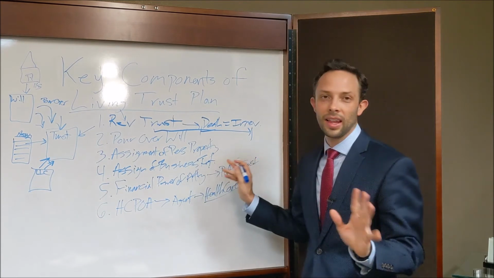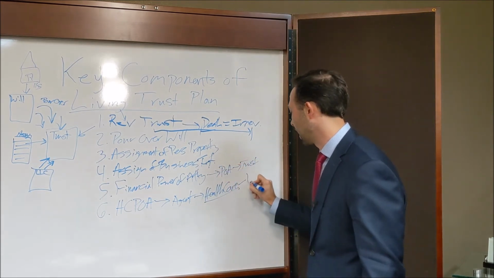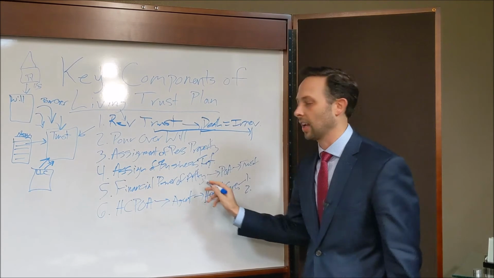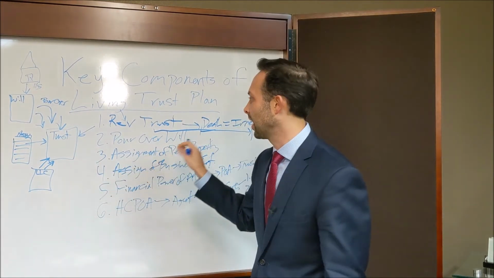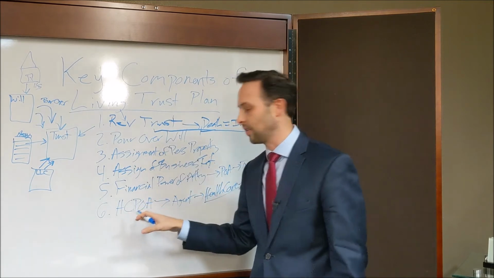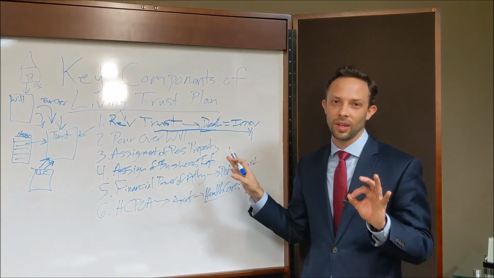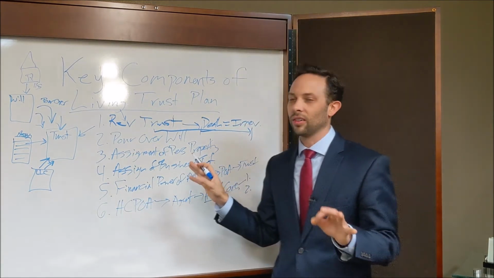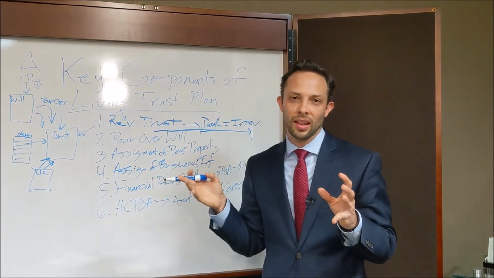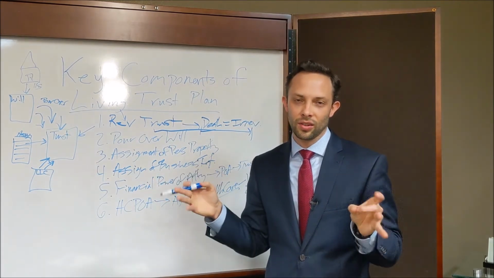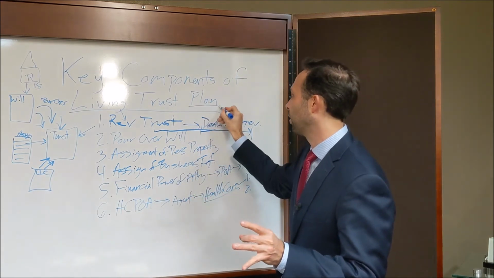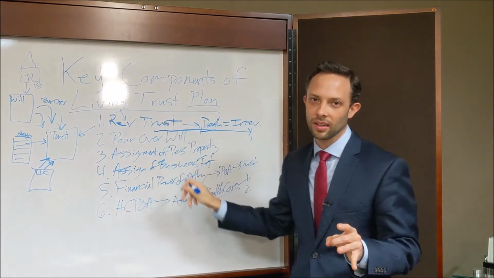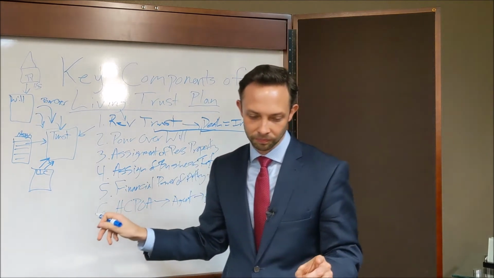So I like to always name one agent and a backup agent inside this document. That's a key part of your plan, and it can't be done just inside the trust. This is different by law. This is regarding your own health care. So sometimes it can seem like we focus on the trust when we're talking about trust planning, but we're really talking about the whole plan, which in my mind includes these different documents.